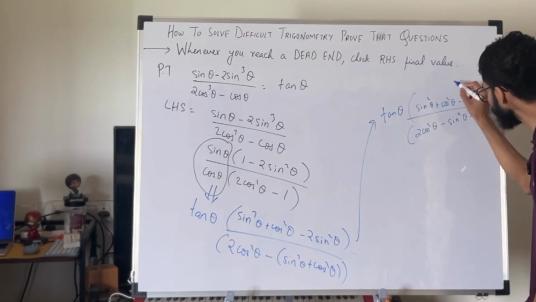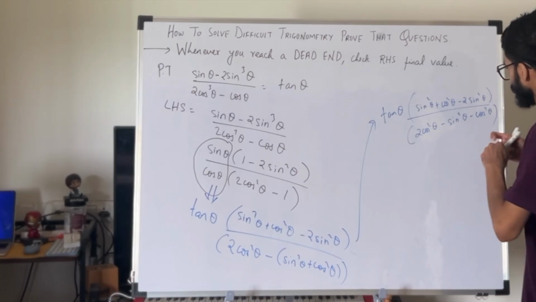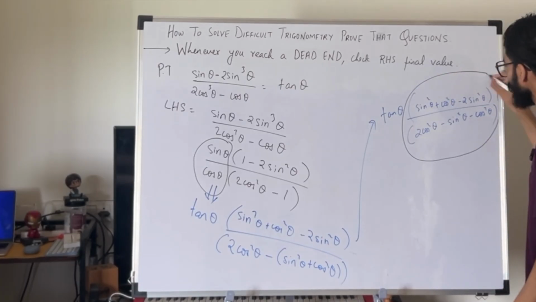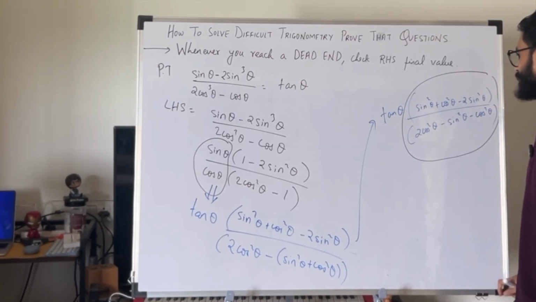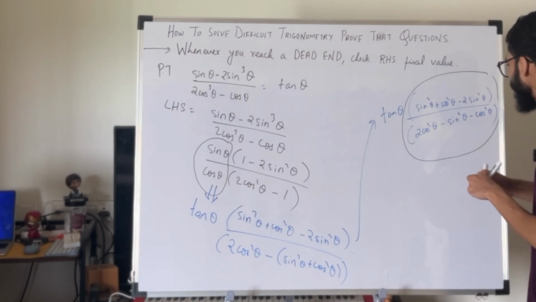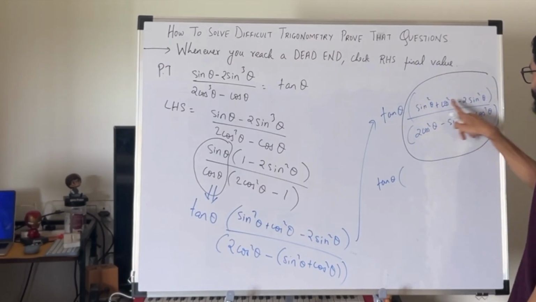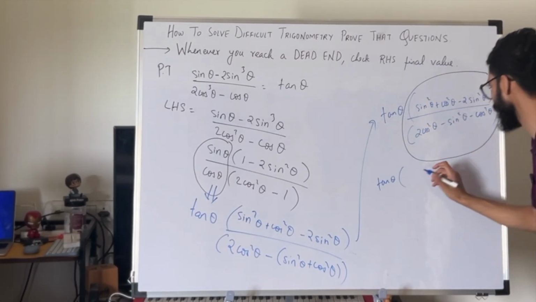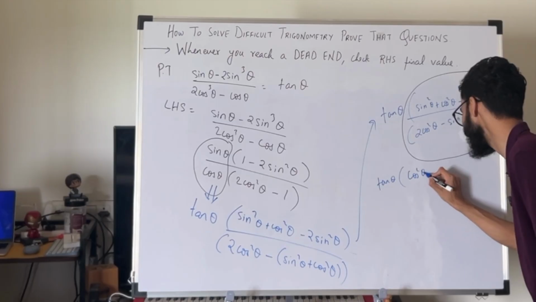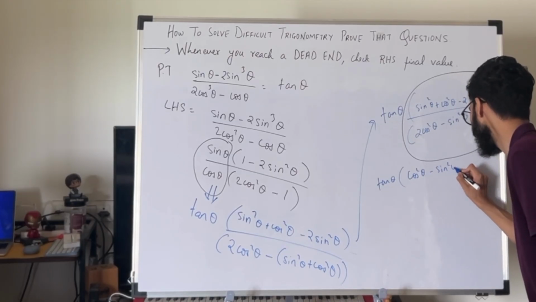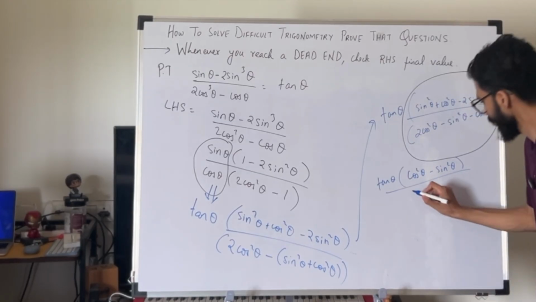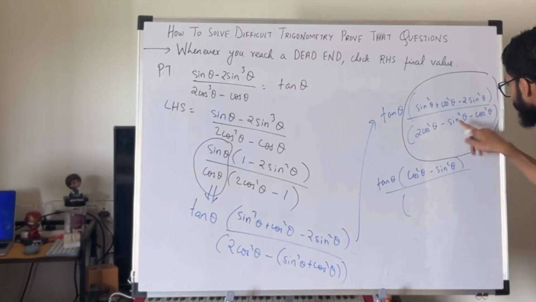Now this thing should amount to 1, only then will I get tan theta as my RHS. So if I write this tan theta, sin square theta minus 2 sin square theta and cos square theta, can I write this as cos square theta minus sin square theta upon, below also it will become cos square theta minus sin square theta.